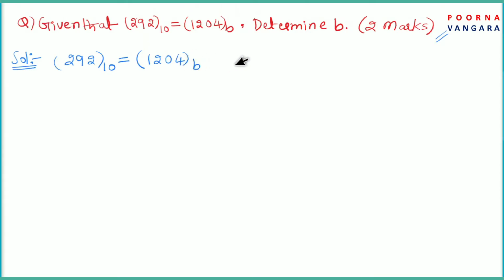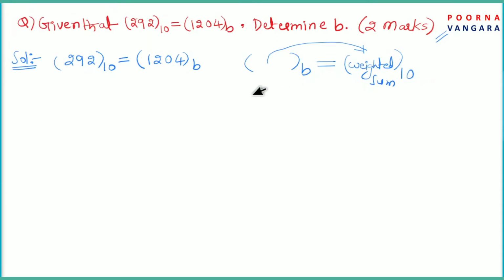So here one important point is, if you are converting any number which is represented in any base like B to our decimal number, if you represent the given number which is having base B in weighted sum, then you will be getting the equivalent decimal number.